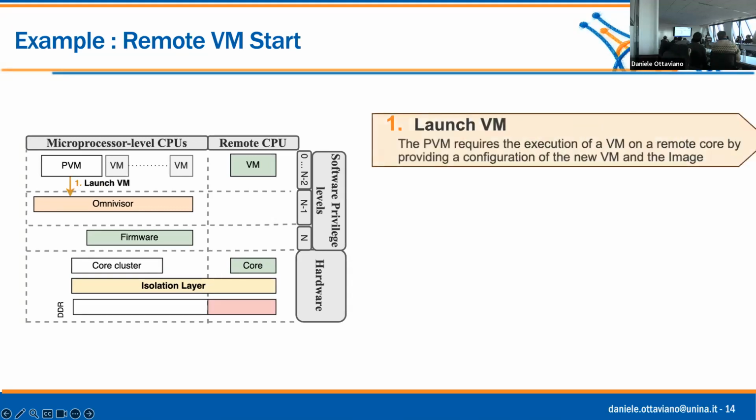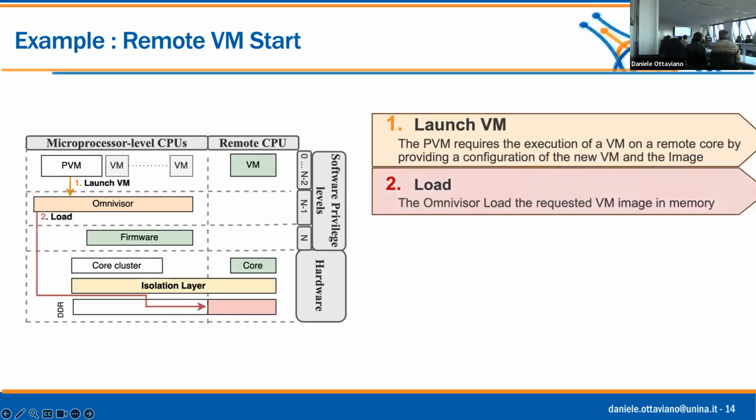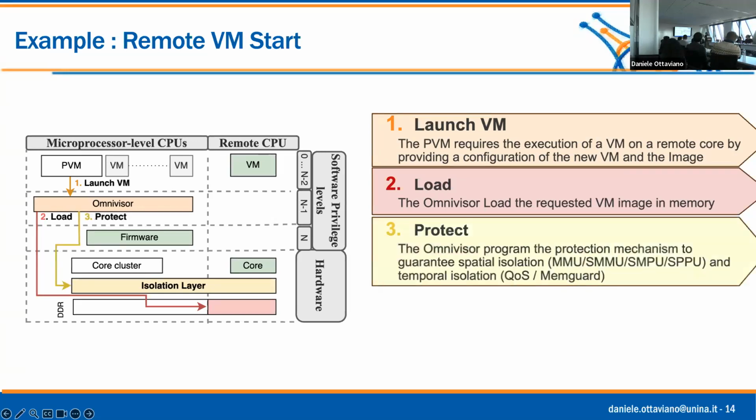So if the PVM asks the Omnivisor to launch a virtual machine on a remote core, the Omnivisor is going to load the image of the virtual machine in the right position in memory, in the right range of memory. It's going to configure an isolation layer to protect the virtual machines. So it's going to reprogram the MPU, reprogram the MMU, and program the QoS regulation mechanisms.